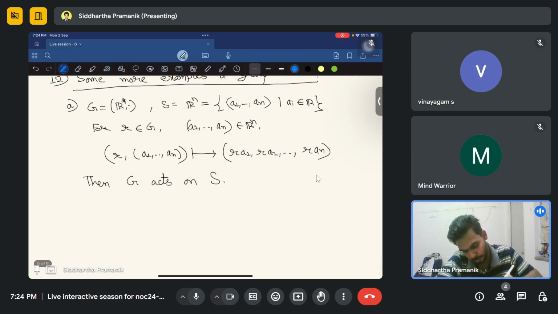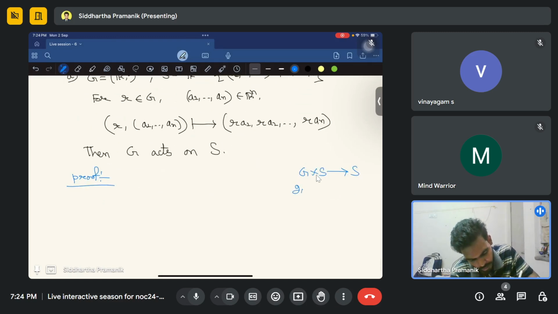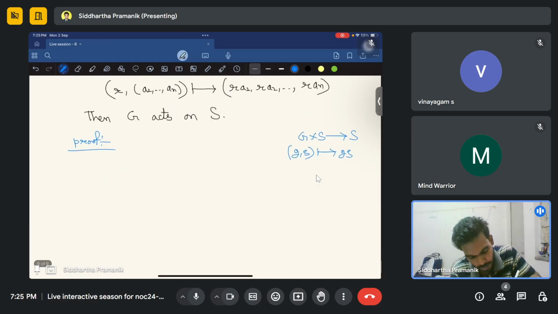So let's try to prove this. So what is a group action? We have a function from G cross S to S, which we denote just by g·s, right? And it has to satisfy two properties.